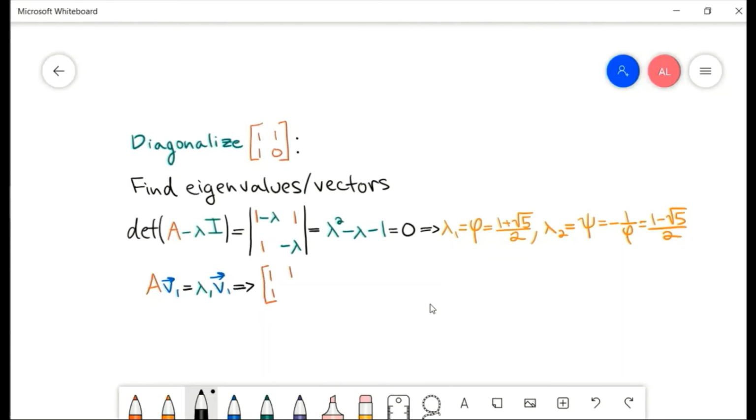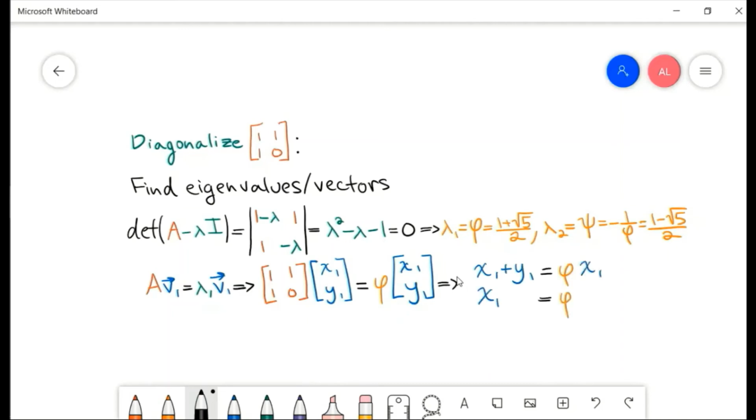And so now, once again, we plug these eigenvalues into AV equals lambda V to get the eigenvectors, just like this. So we have that A, [[1,1],[1,0]], times the first vector, x1, y1, is equal to phi, the first eigenvalue, times the first eigenvector.